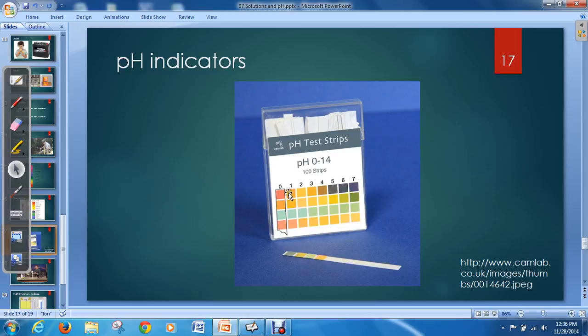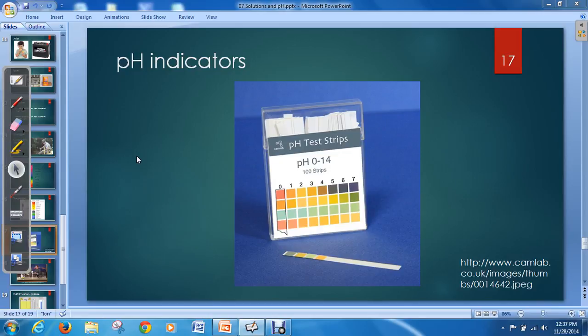And based on what colors come out, I can tell what type of acid or base it is. So let's say I dip that little strip in there and the colors on the strip of paper end up like this. Sorry, hopefully you can see that. But if I see these colors on that paper strip, then I know that it's probably a pH of 3, which I know is a pretty decent acid. And so these indicators are how we can tell what pH a solution is.